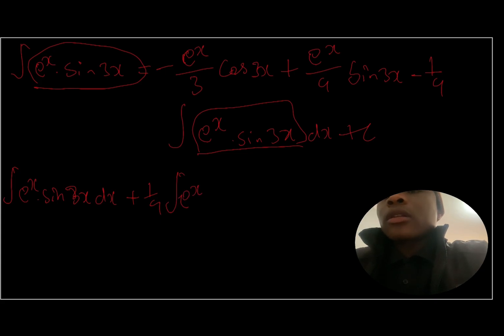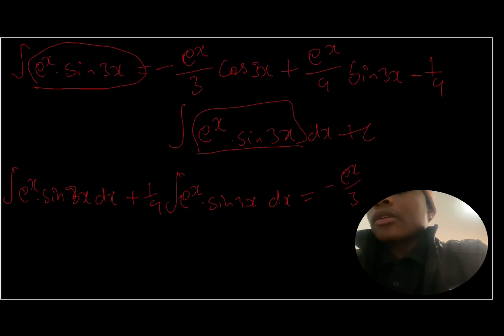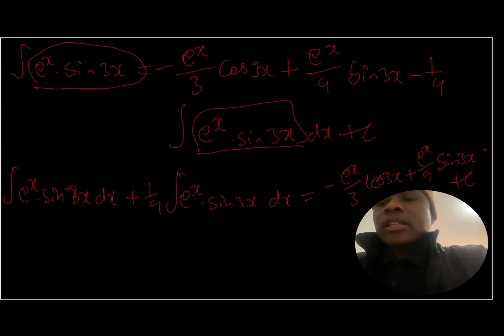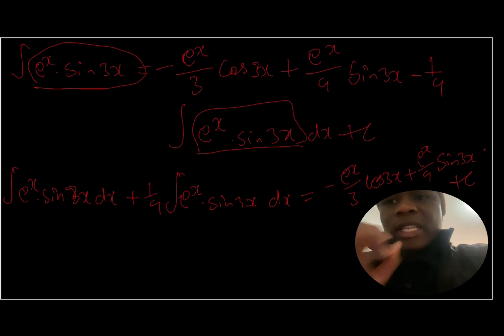Integral dx is equal to, let's write what is left, plus c. Remember, plus c, right? Therefore, we see the like terms: 1 plus 1 over 9 will be 10 over 9.